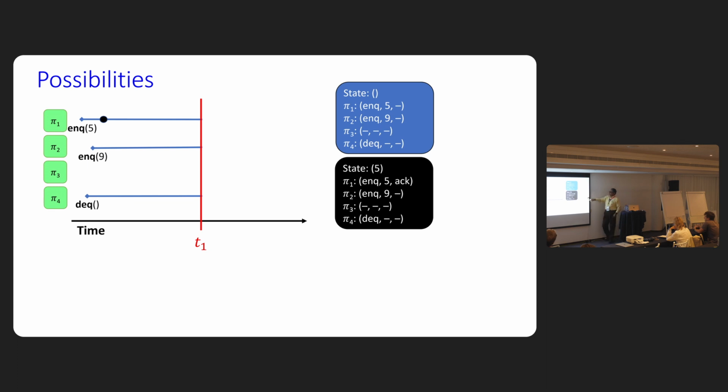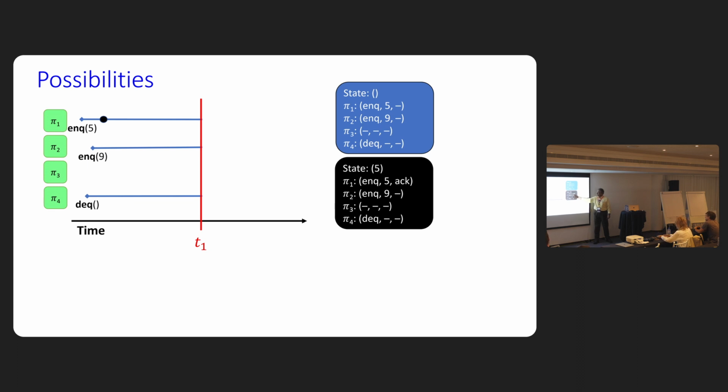Here is another possibility. This possibility is capturing the notion that pi1 could have taken effect, that black dot. If pi1 took effect, what would it have done? It would have changed the state of the queue to 5. It enqueued 5, and then it took effect. So, what would the response for the NQ5 operation be?